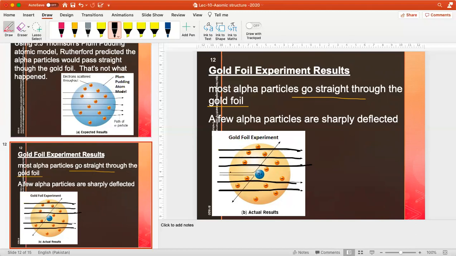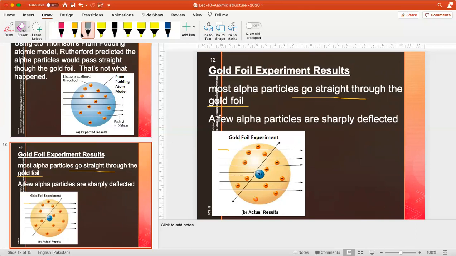But these two were deflected. One deflected in this way and the other deflected in this way. Now you have to observe this carefully. I am going to arrange these things so that you can observe. Okay, let's observe.